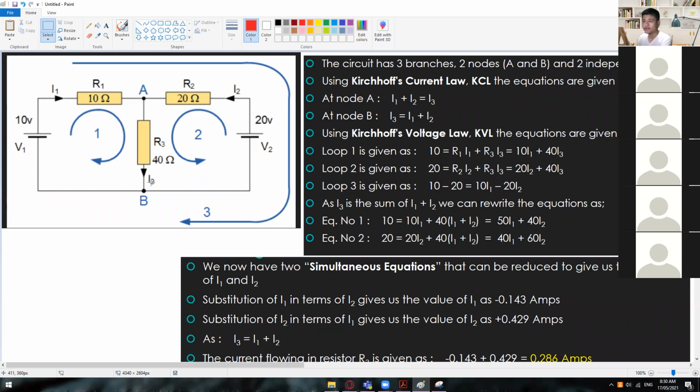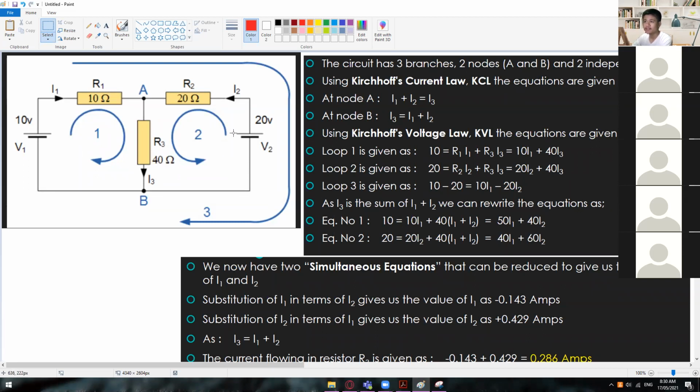Okay, so in here, the one that we've used is the conventional current. As you can see, we have clockwise, but in here we can say that this one is the electron current, or the counterclockwise.